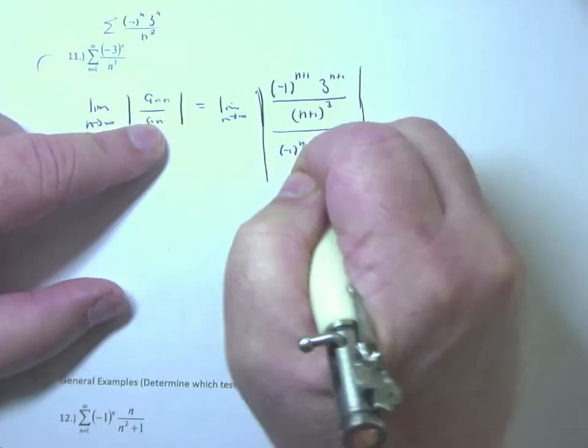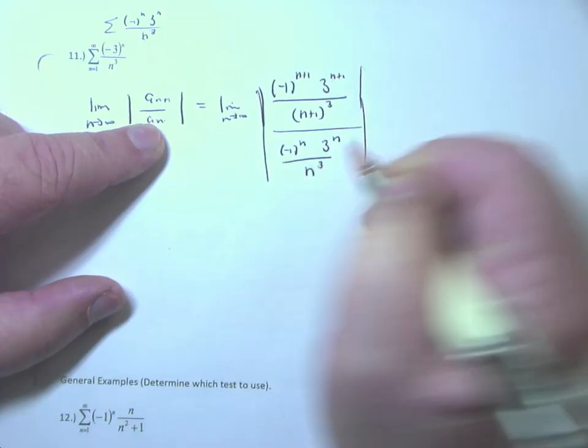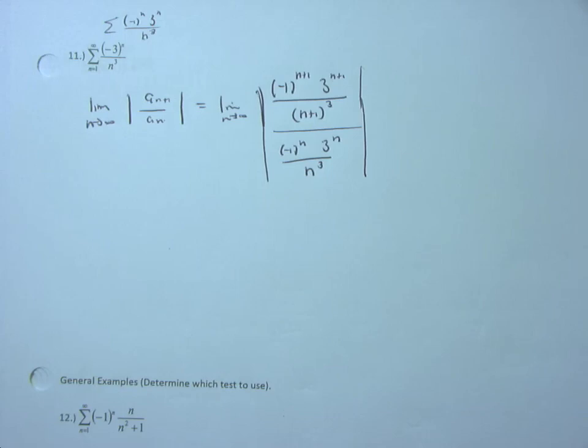This will be negative 1 to the n times 3 to the n divided by n cubed. Just want you to see the a sub n plus 1 divided by a sub n as you're doing your algebra.